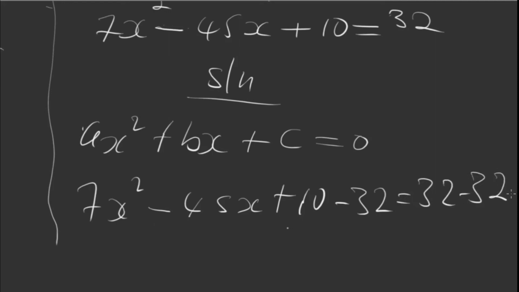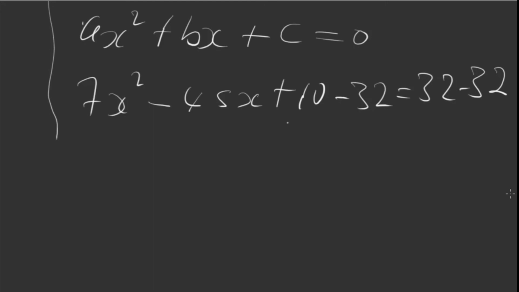So that I show you what we have done. Here then, friends, you see this is equal to 0, and this is equal to minus 22. So let's just copy this.